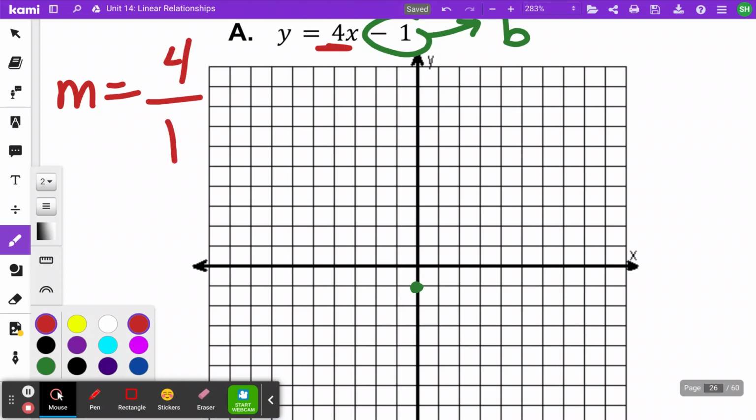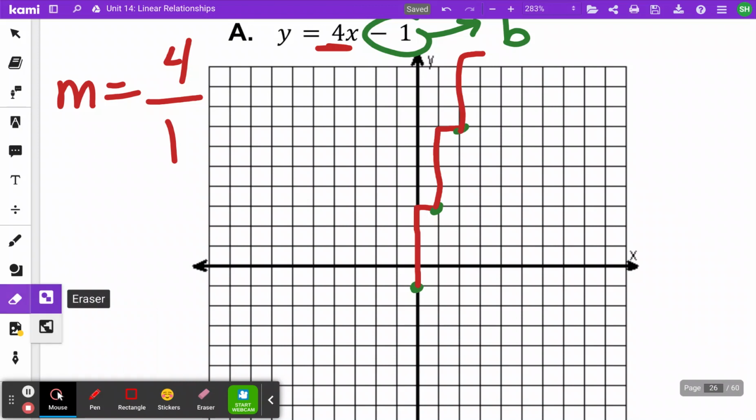So what I can do from my y-intercept is go positive 4 in the y, up 4, and over 1 on the x, positive 1 on the x. That's going to be another point. And then I can go up 4 and over 1 and find another point. Or I can go up 4 over 1 and get another point, but I run out of room. I don't have any more room on the graph there.